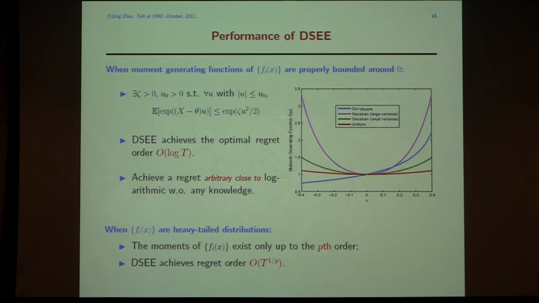How do I interpret this if the mean doesn't exist? If the mean doesn't exist, then the problem is not well posed, because with one play of the arm, you get infinite reward. How do I compare which one is good? That's a limitation of the formulation. If the mean is infinite, you shouldn't be looking at the expected reward, because there is no way to compare.